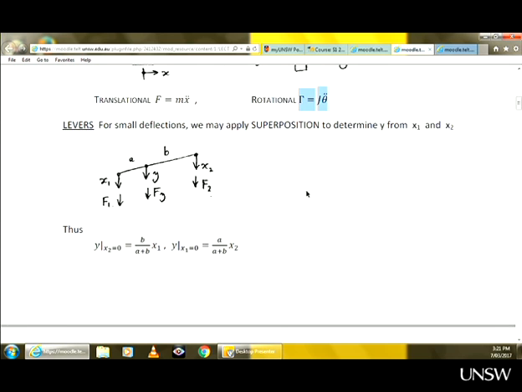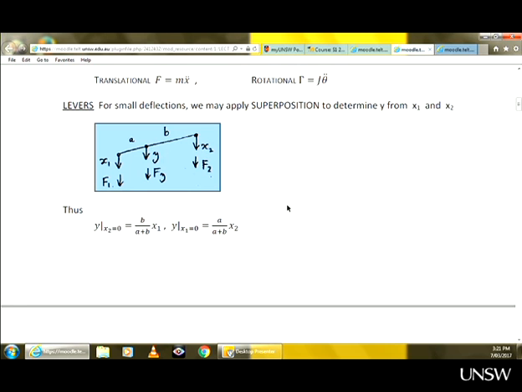Now, if your machinery has a lever, it is usually good news because you can write two equations instead of one. Take a lever with three points, all three moving. The lever is rigid, so it remains in a straight line.